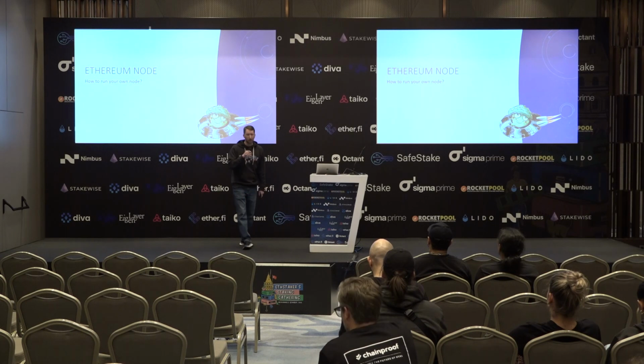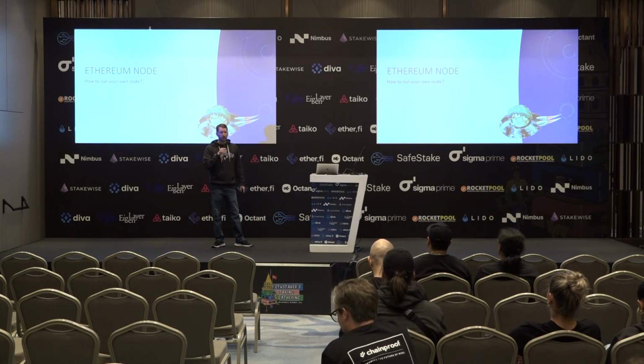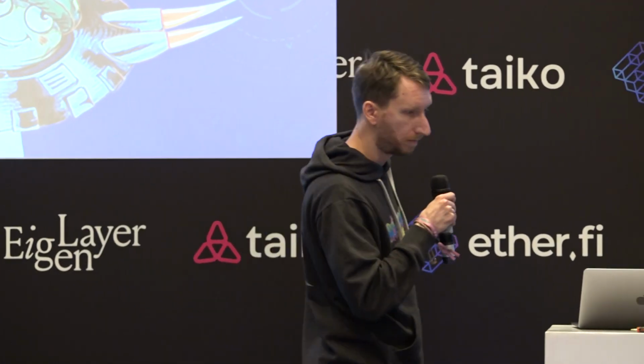Well, how do you run your own node? There are a couple of guides out there. They guide you through the process of setting up your Ethereum node with the CLI, so you type in the commands that the guide tells you to do. Then you have simpler setups like ETH Docker, and of course way simpler setups like Avado or a DAppNode, and of course Stereum.